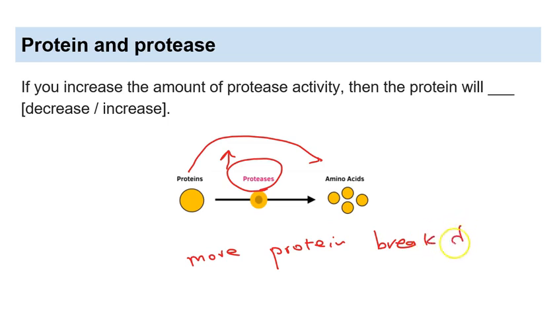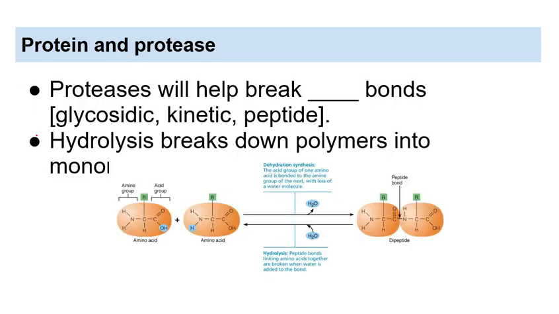When we break down protein, we get more amino acid. So if we increase the protease activity, we would have less protein. The amount of protein decreases, but the amount of amino acid would be increased.